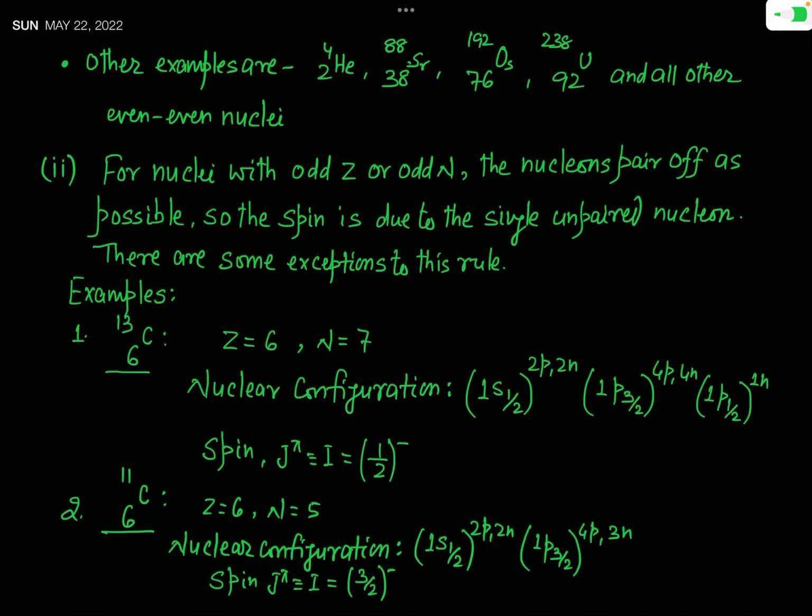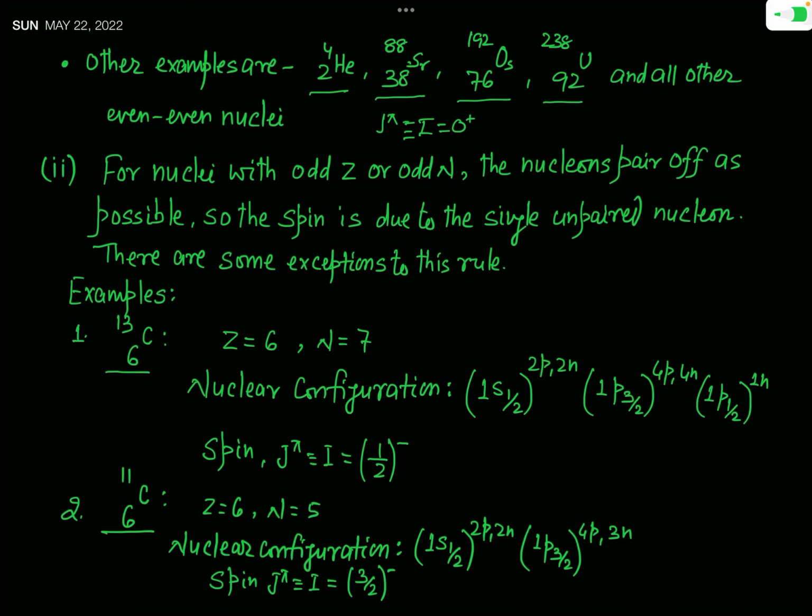You can take other examples like 2He4, which is an even nucleus, again 38Sr88, 76Os192, and 92U238. All these are even nuclei, and all these nuclei will have the spin or the total angular momentum or the ground state spin equal to 0, and all will have even parity.